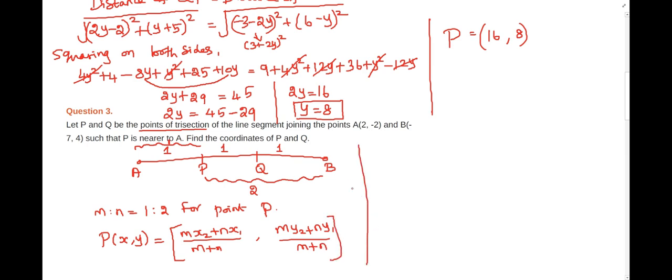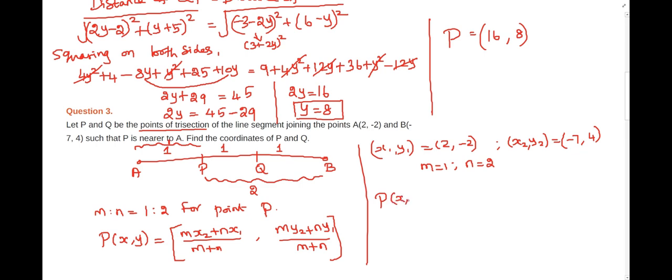So here x1 y1 is the point A, which is 2 comma minus 2, and x2 y2 is the point B, that is minus 7 comma 4, and m value is 1, n value equals 2.